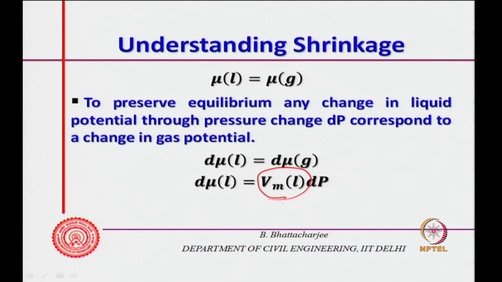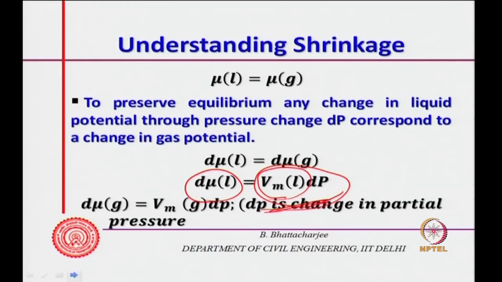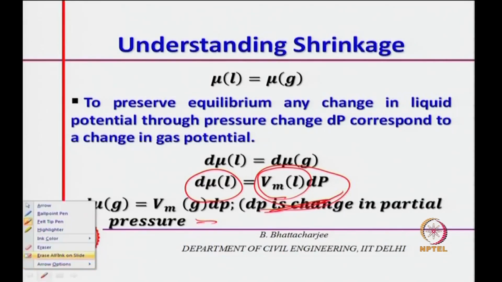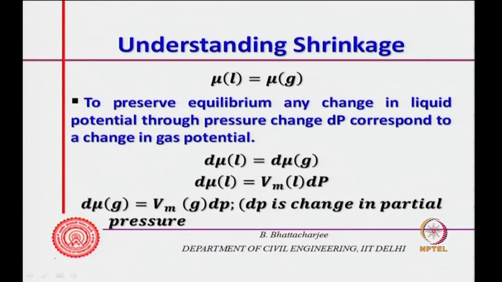P dV is the work done, P dV plus V dP. Since there is no volume change, one can write V dP. So, that is the potential change of the liquid, and that must equal the gas potential change. Similarly, one can write V m g, the vapor molar volume, into dp, where dp is the change in partial pressure.